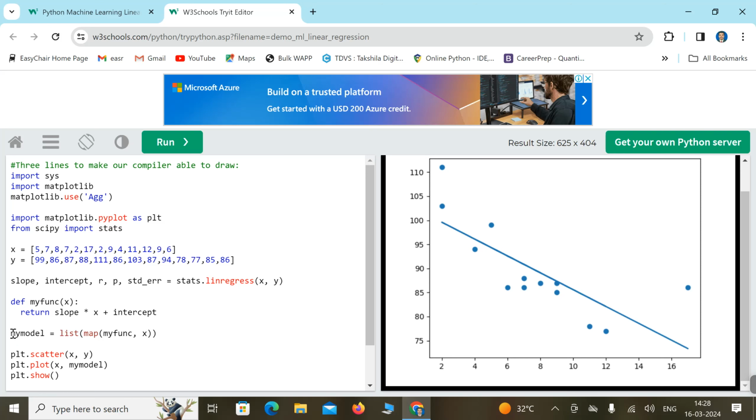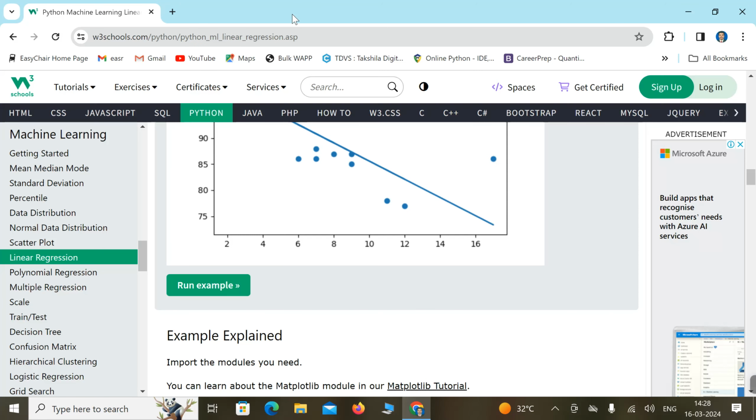Then I am defining a list, my model is a list which is taken from the map function and x, which is an axis. So this is used to draw the dots, this is used to draw a line. So plt.show will show it on the screen. So this is how we work with linear regression.